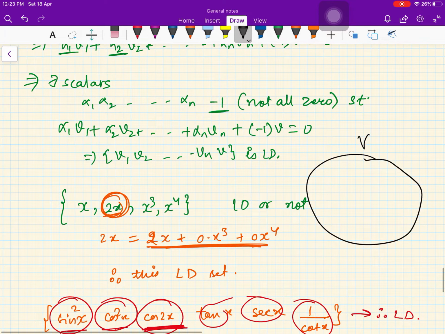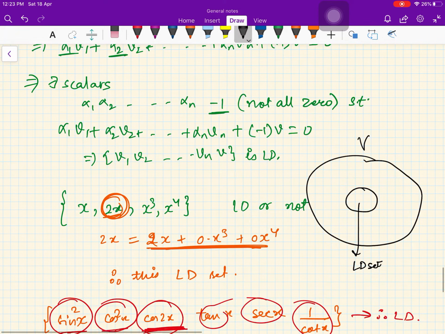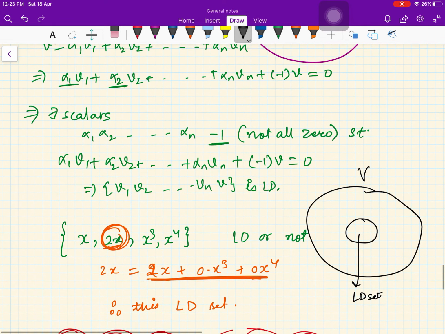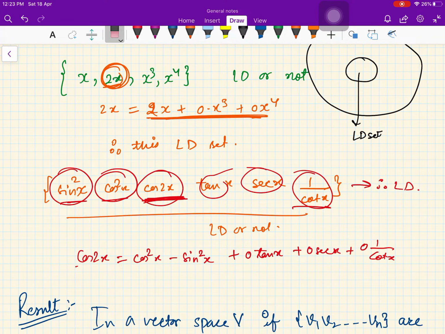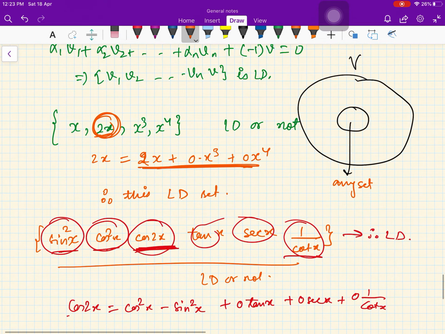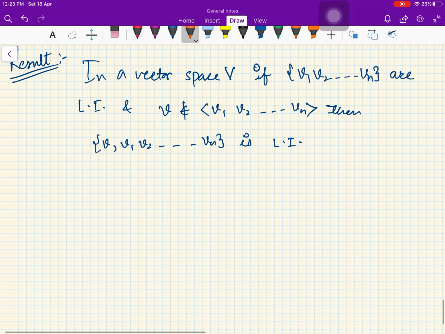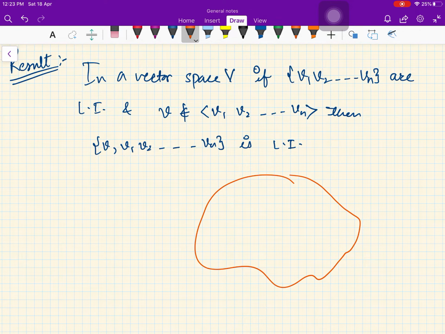In the last result we are saying that this is your vector space V, and here is a set which may or may not be linearly independent. Here is any set, and if you add an element which is in the span of, let us call this set B, if this element belongs to span of B, you include it, you'll get a linearly dependent set.